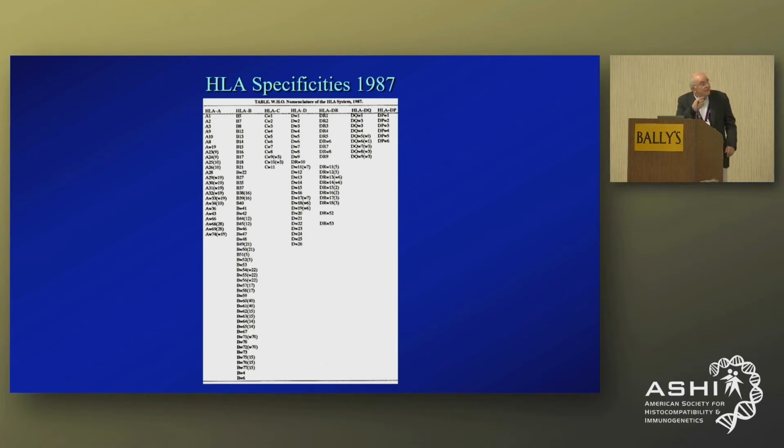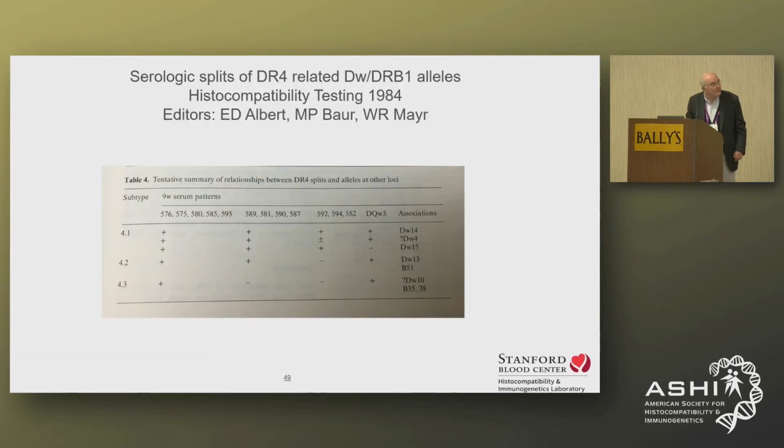If you look at the HLA nomenclature in 1987, this is a summary, and you will notice that there are a few things more there that we have in the HLA nomenclature that were probably added no later than 1995. I would comment only, for example, that in this workshop in 1984, looking at HLA-D typing, they split 3 HLA-DR4 alleles.